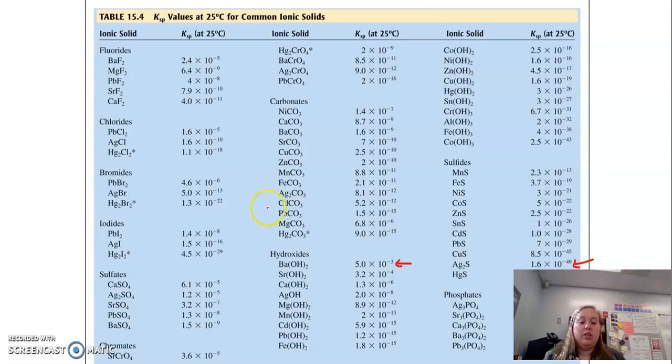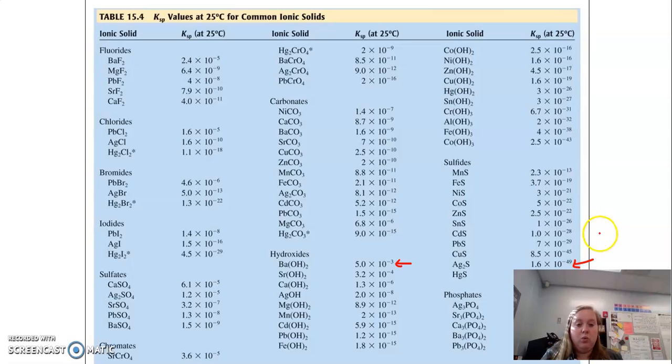You should be able to look at a chart like this and draw some comparisons with the solubility rules. So as you think about the solubility rules and as you look at the various Ksp values, what do you think, if you look at something that is on the solubility rules, usually soluble but has some exceptions, where would that fall on this chart? Would it be something that has a relatively small Ksp value, or would it be something that has a really, really small Ksp value?